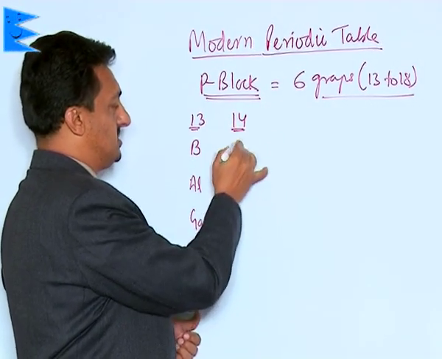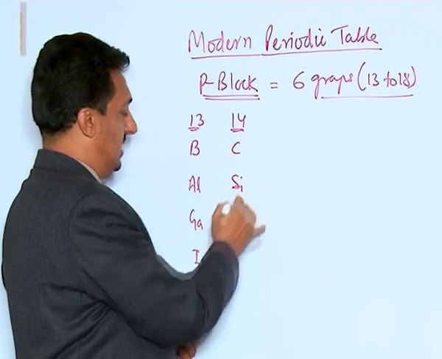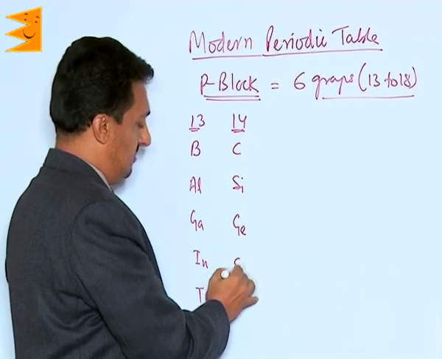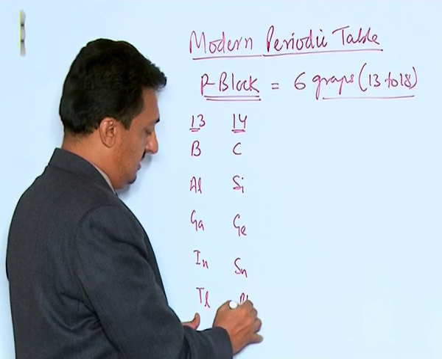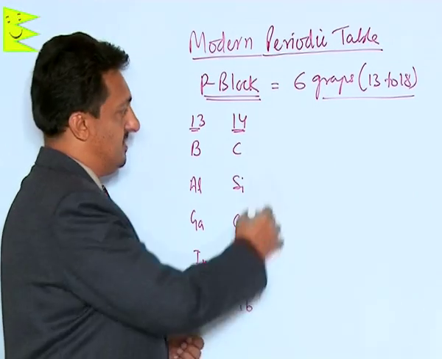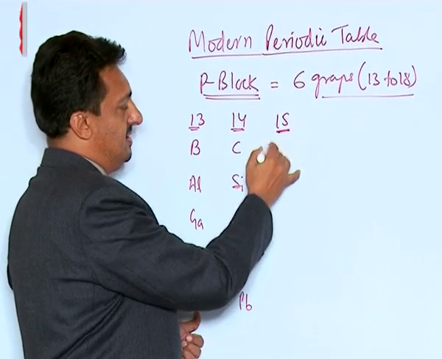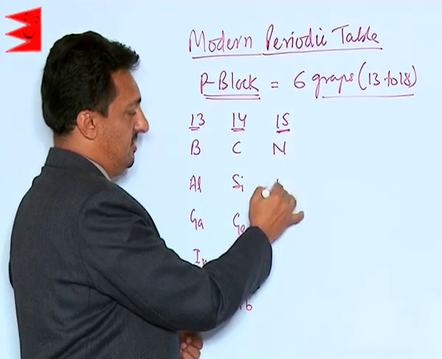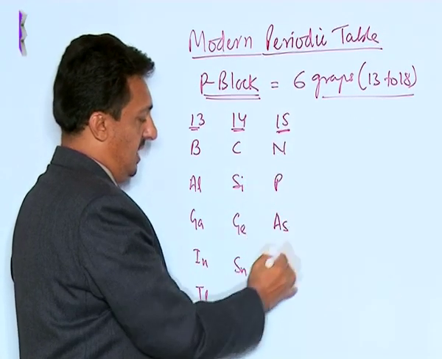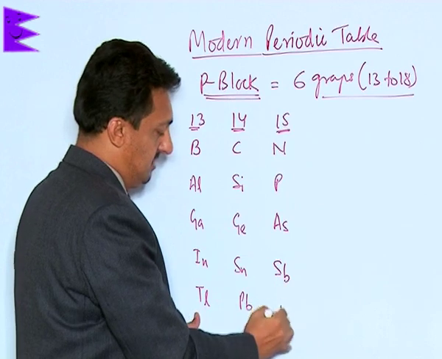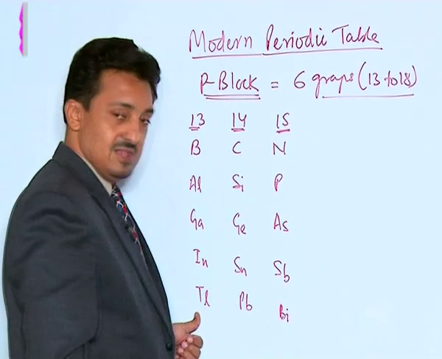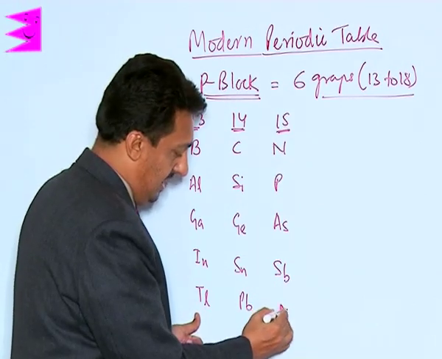The 14th group includes carbon, silicon, germanium, tin, and lead. The 15th includes nitrogen, phosphorus, arsenic, antimony, and bismuth. Bi is bismuth.